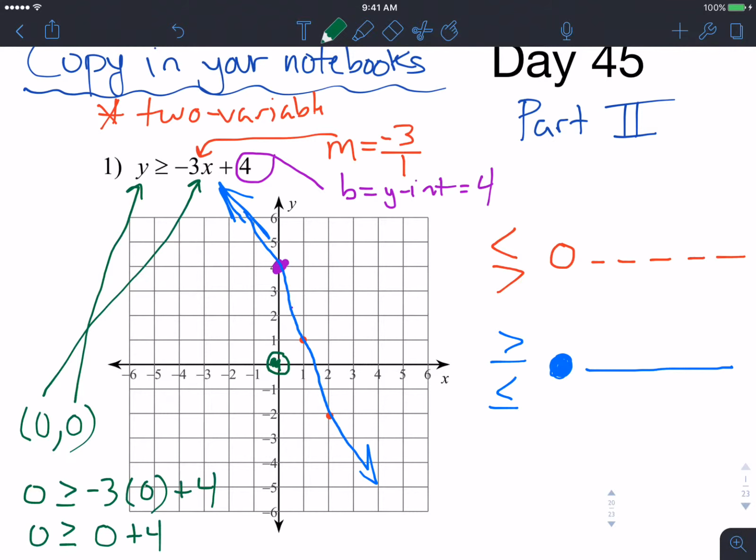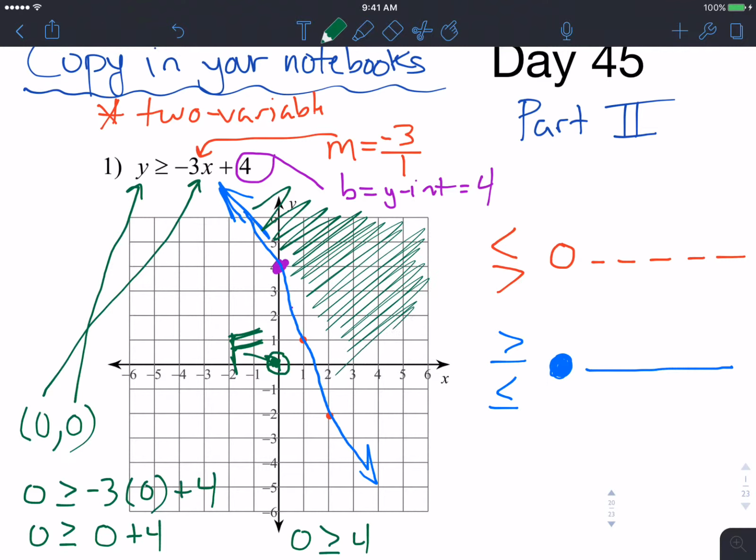And I'm going to simplify that further to 0 is greater than 4. That is not true. This is false. Since this point is false, I need to go ahead and shade on the other side of the line. So all my shading occurs on the other side of the false point.